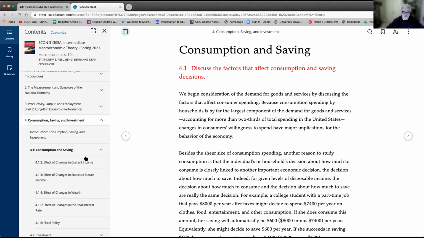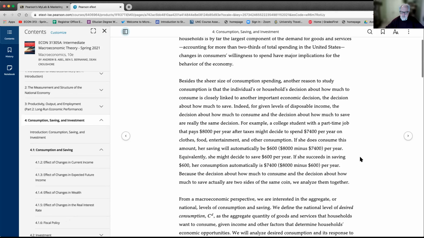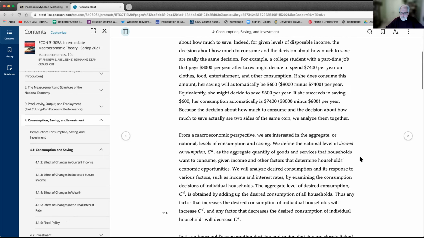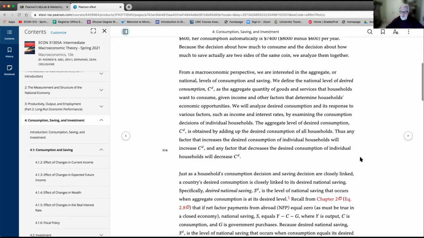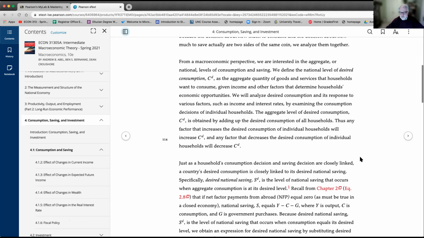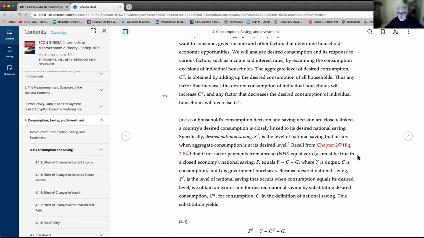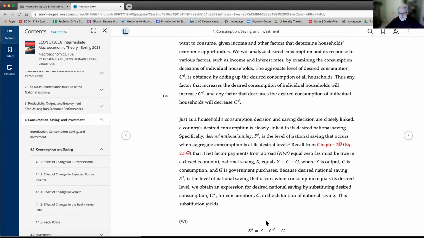These are all the factors that affect saving and consumption decisions, along with the fiscal policy effect of the government. That's the government saving part. The other parts here have to do with private saving, right? Saving by the public, private saving, right? So that's what's going on in this particular section. We're going to use things that we saw back from chapter 2, right?